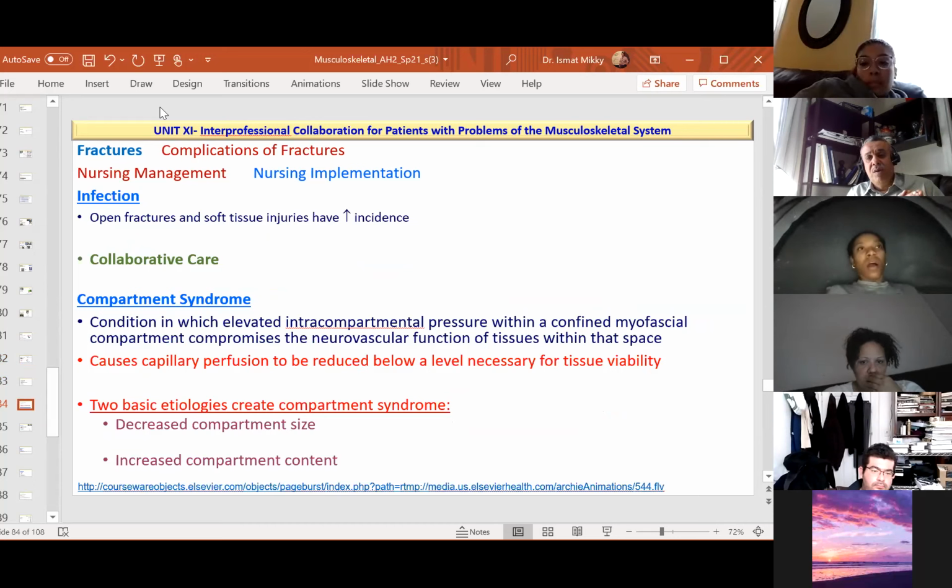We said that osteomyelitis is one of the expected complications, acute, and then it may become chronic. We covered that at the outset of the lecture last time. Open fractures require aggressive surgical debridement.